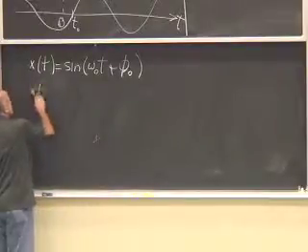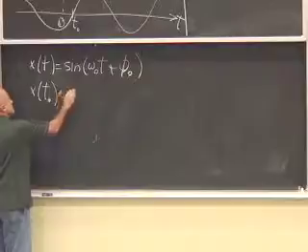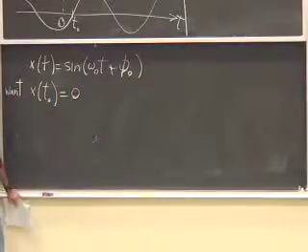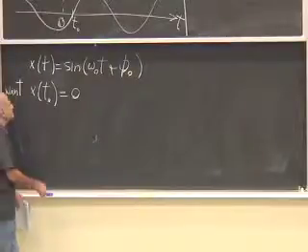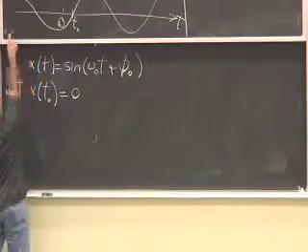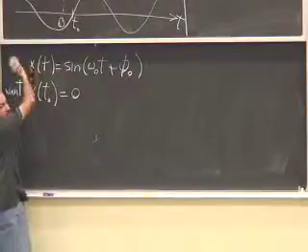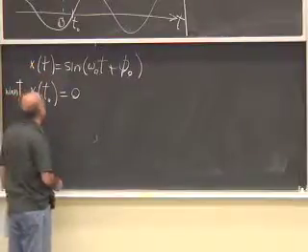So you want x of t naught to be 0, and the smallest t naught that does the job is the answer we're looking for, subject to our knowledge that if phi naught is greater than 0, we're shifting to the left, and if phi naught is less than 0, we're shifting to the right.